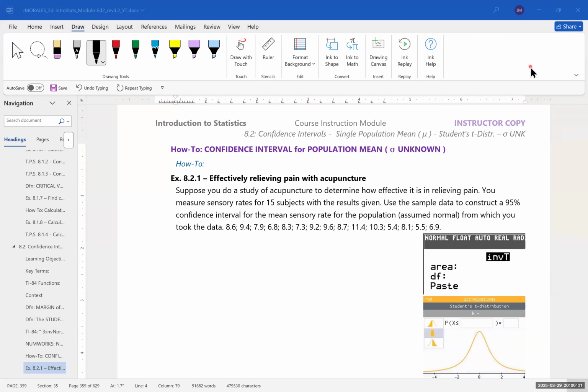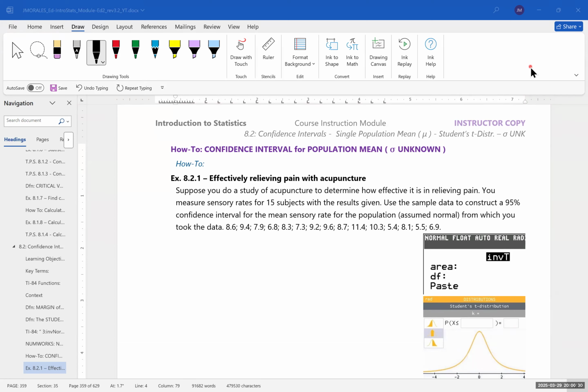Okay, so we are going to just dive right into doing an example of calculating a confidence interval for a population mean when the standard deviation is unknown. The reason we're diving right into it is because it's essentially the same process as calculating a confidence interval when the standard deviation was known and we used the normal distribution.